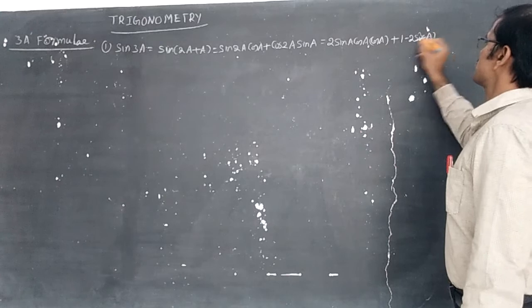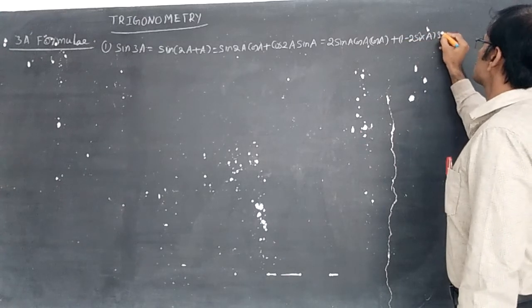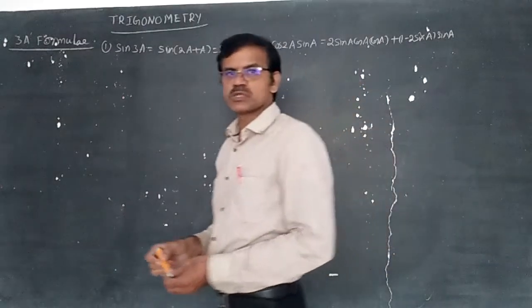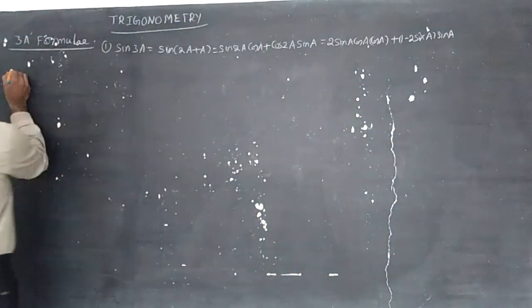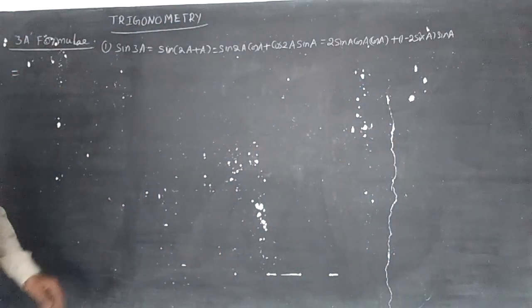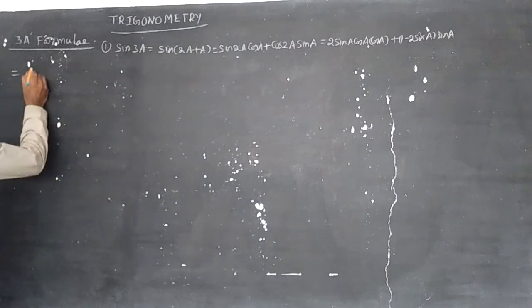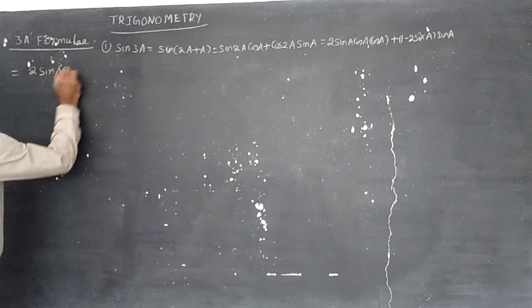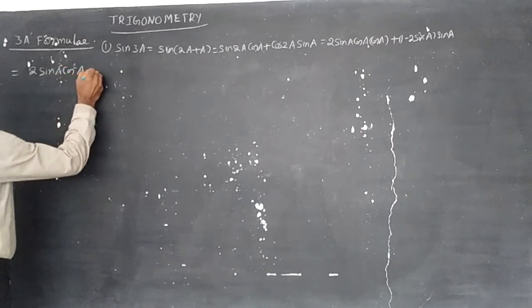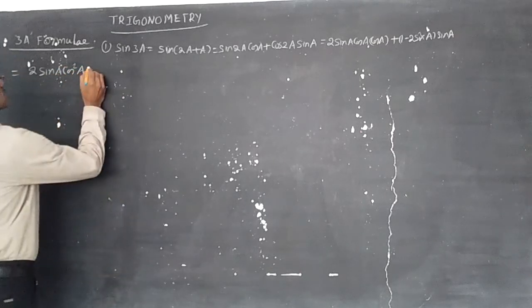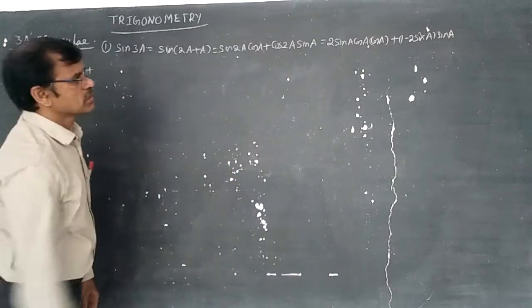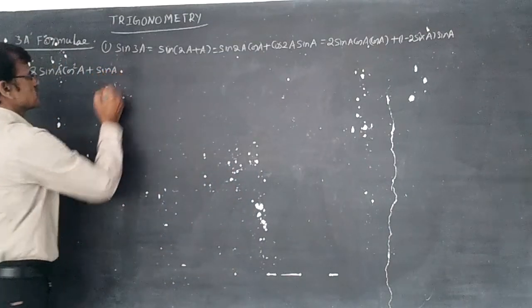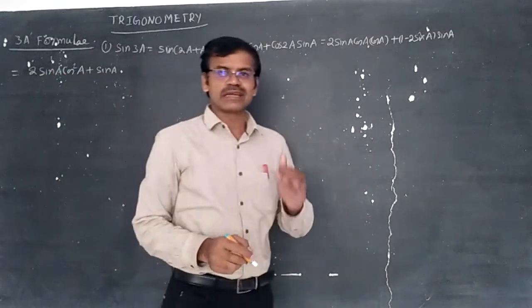Into here sine A: 1 minus 2 sine square A into sine A. That is equal to 2 sine A cos square A plus sine A into 1 minus 2 sine square A. So I am writing the sine 3A formula in terms of sine.